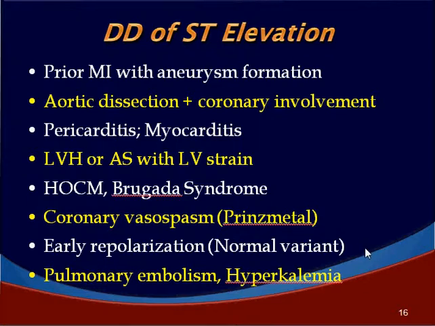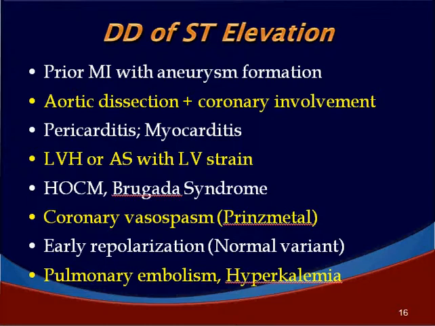Early repolarization. Sometimes some patients do have a normal variant of early repolarization changes, so much so that repolarization starts very early before the R wave comes and touches the baseline, so it appears as though the ST segment is elevated. Pulmonary embolism is another common cause of ST elevation. Hyperkalemia produces peaked T waves. Along with peaked T waves, the ST segment also is pulled up.